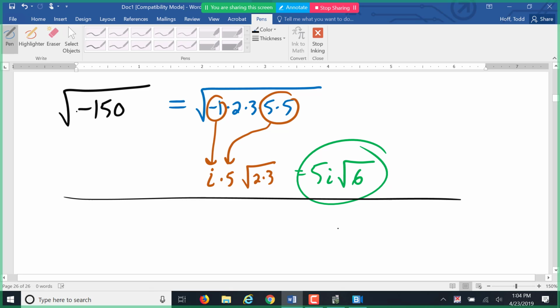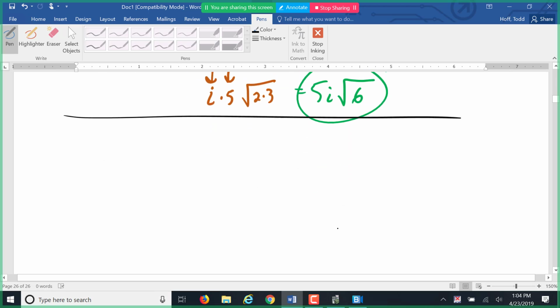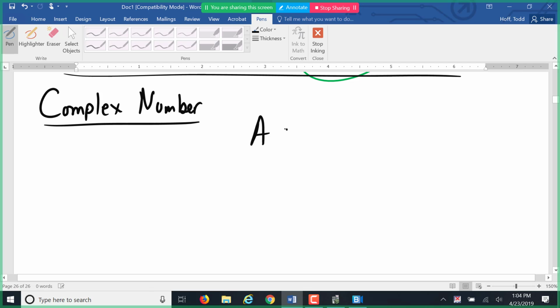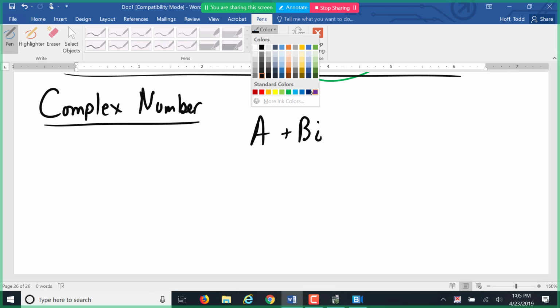Well, these imaginary numbers are often combined with real numbers to create what's called a complex number. The complex number takes the form a plus bi.